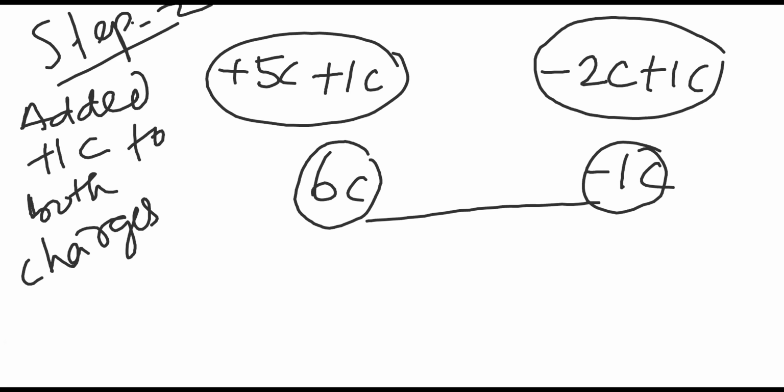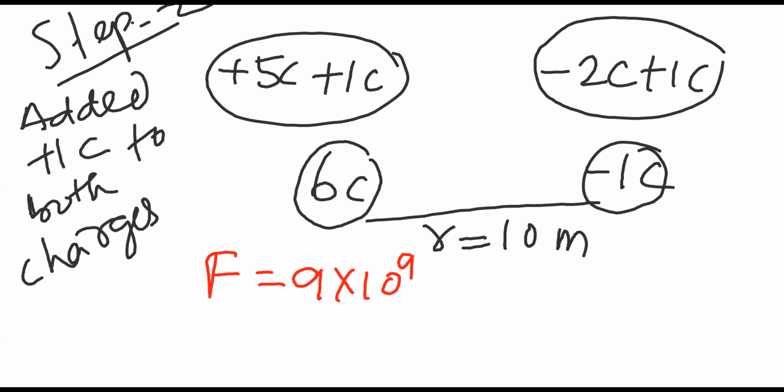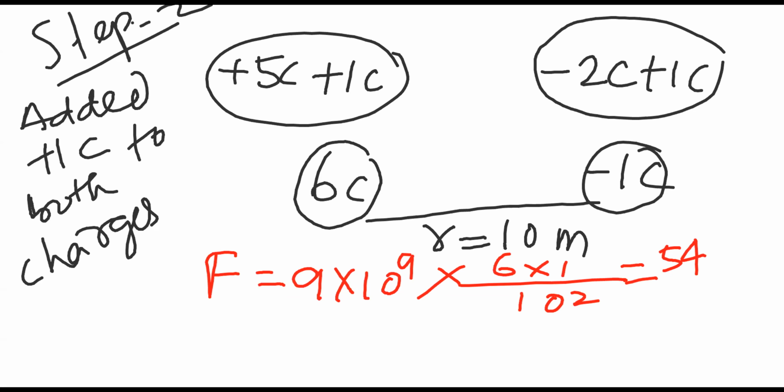Now find the force. The distance you are not changing, suppose distance not changing, 10 meter. You see 6 and minus 1 coulomb. Then what is the force? Force equal to 9 into 10 to the power 9, that is 1 by 4 pi epsilon naught value, into 6 into 1 divided by 10 square. It is becoming 9 into 6, 54, and this is 10 to the power 9, so I can write it as 54 into 10 to the power 7.